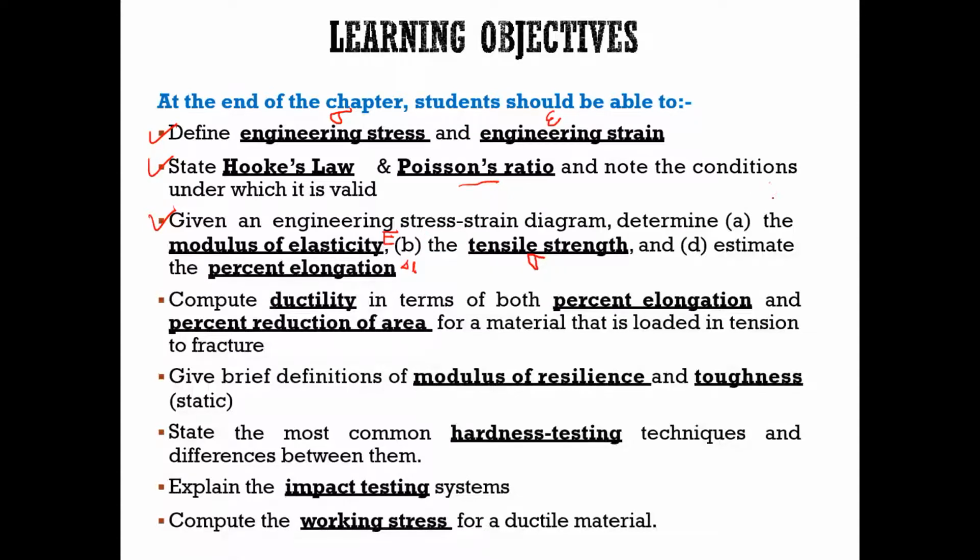So basically, what you will learn later, we have this stress versus strain graph, and you should be able to know where the E value, the modulus of elasticity, is, and then the tensile strength, and also the percent of elongation in the strain.